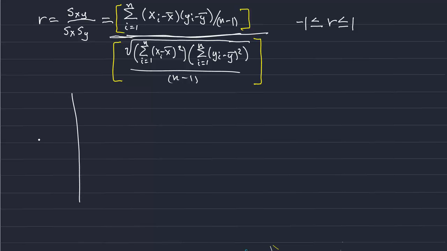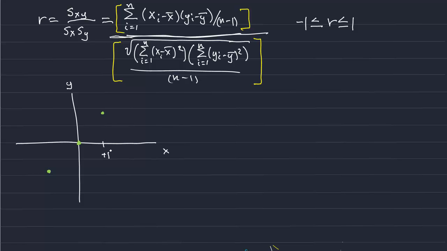So I'm going to draw two axes, an X and a Y axis. And let's consider a case in which we have n equals 3 data points, and X and Y lie perfectly along a line. This is a really simple example.